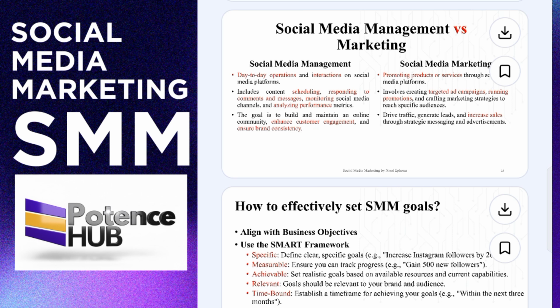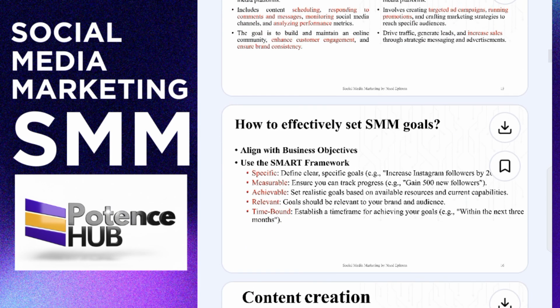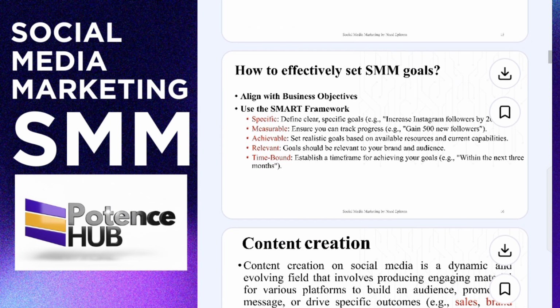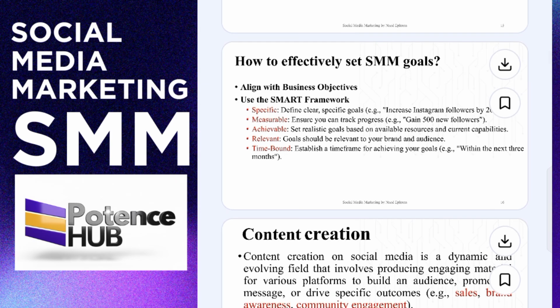So basically, that's what it is. When we talk about the difference between management and marketing, marketing is the promotional aspect, getting to people's awareness and the rest of this. That's why management has to do with paying attention to the analytics-driven aspect, working on ways in which it can be improved, and also getting along with your targeted audience.